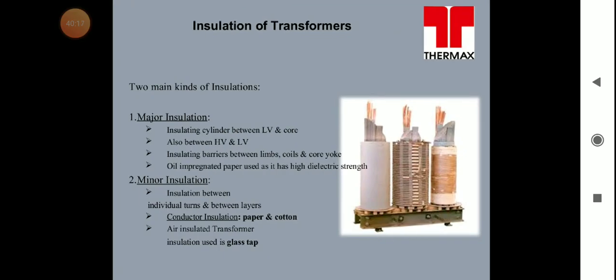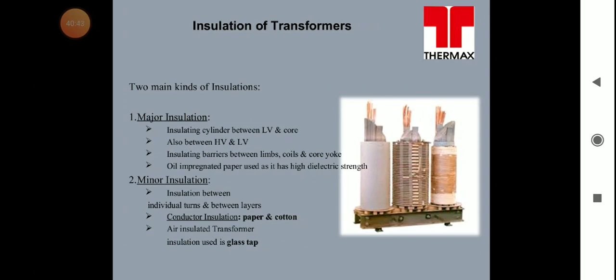You can see the insulation of transformers, what insulation we are using. Two main kinds of insulation are there. Major insulations may include the insulating cylinder between LV and core, also between HV, high voltage, and low voltage, insulating barriers between limbs, coils and core yoke.